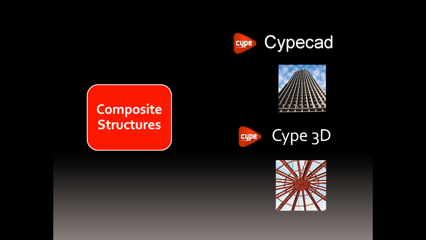In the case of CYPE3D, we have much more liberty in the geometry. In this case we will work with bars, with elements at different angles in space. So in CYPE3D we have much more liberty, but in CYPECAD, when working with buildings, we have a very, very interesting performance. We also have the possibility to design different kinds of slabs, and we will show all this during the presentation.